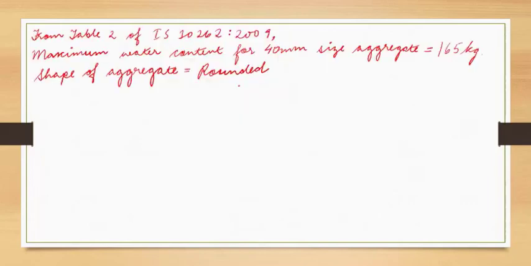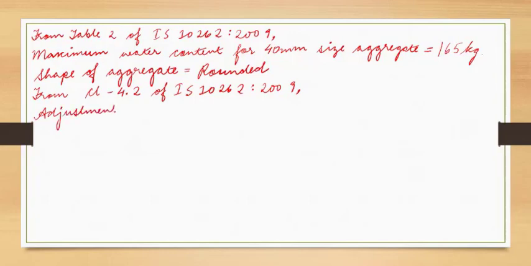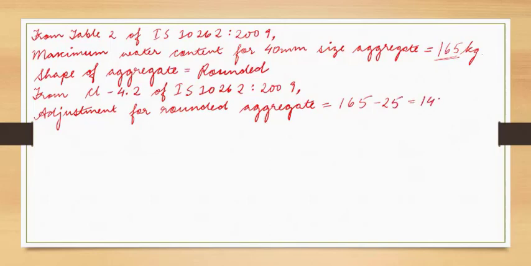So from clause 4.2 of IS 10262-2009, adjustment for rounded aggregate is equal to minus 25. So we have 140 kg.